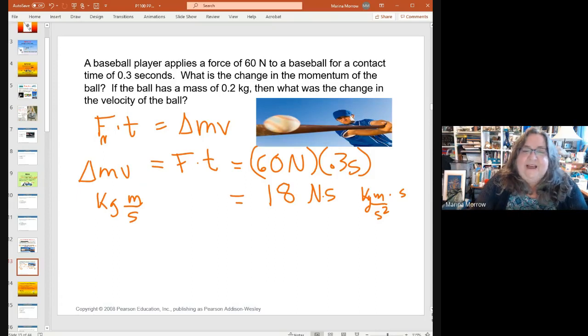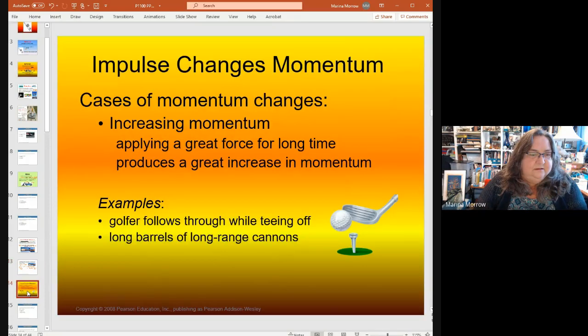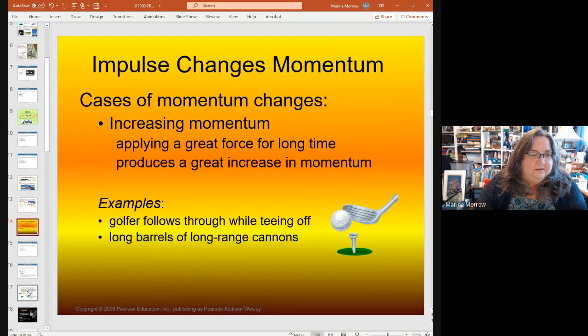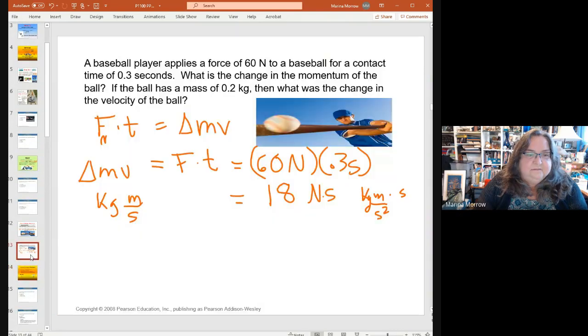Okay, so that was the first question. All right, the second one: if the ball has a mass of 0.2 kilograms, what was the change in the velocity? Okay, so in this case, one of the things is that the mass of the ball isn't changing. So we don't have to worry about the mass.